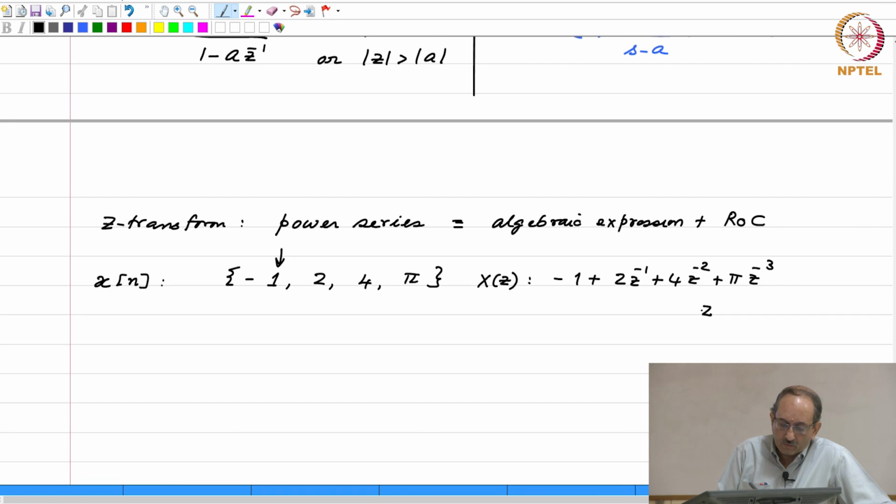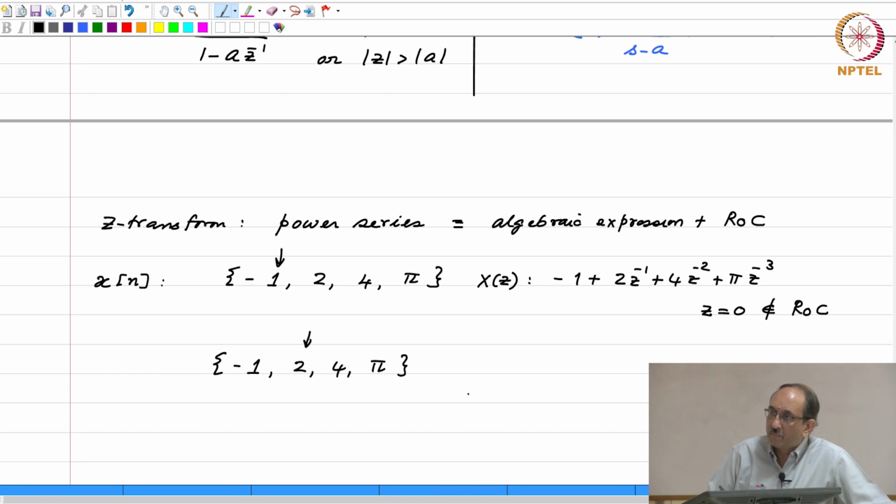So, z equal to 0 does not belong to the region of convergence, and immediately you can see variants of this. Suppose you had this as the sequence, except now this is the n equal to 0 term, x of z will now be minus z plus 2 plus 4z inverse plus pi times z to the minus 2.